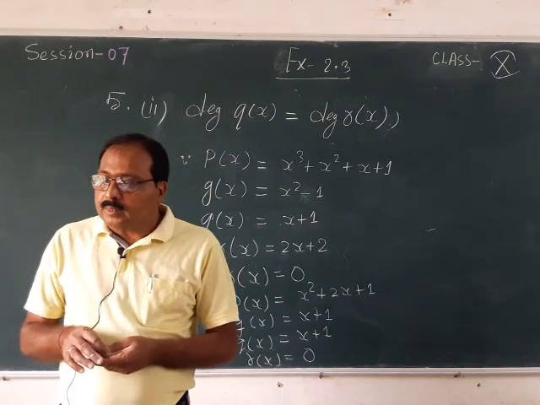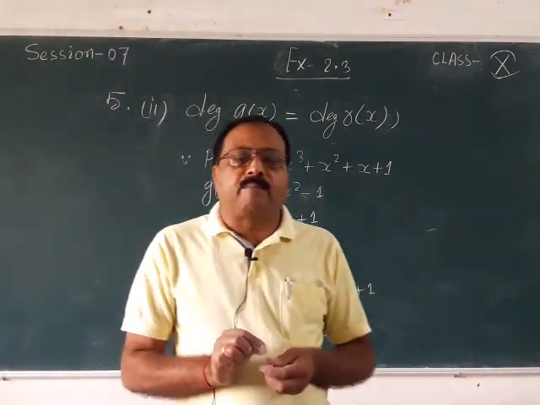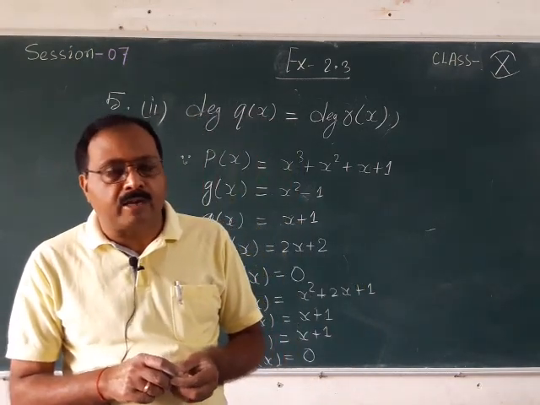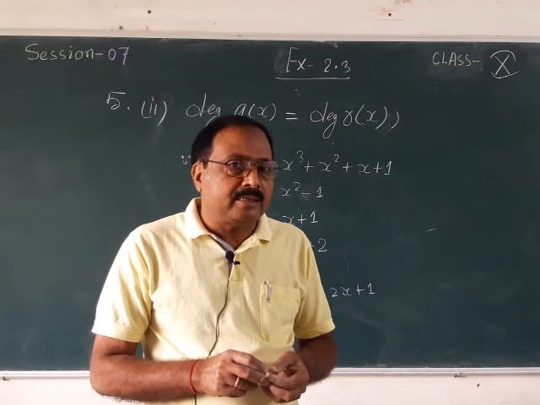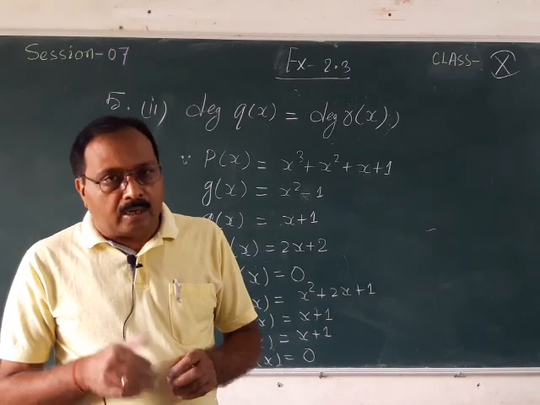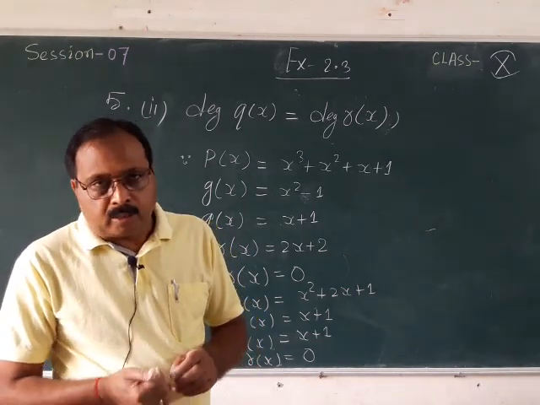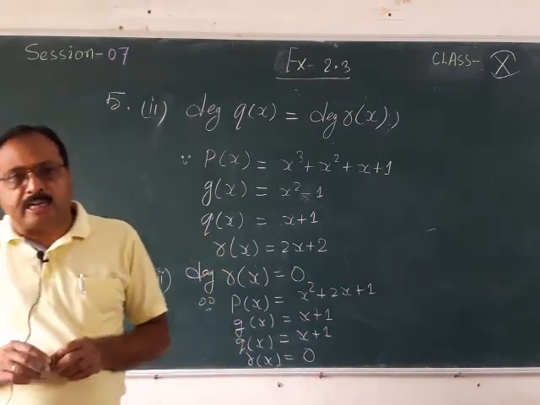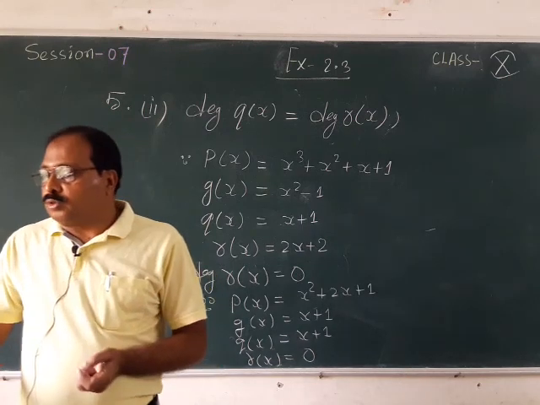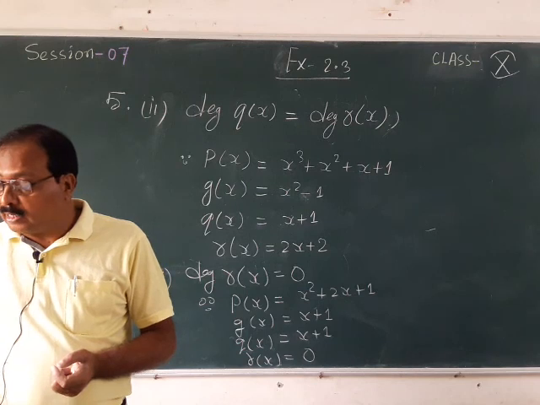Now I am suggesting all of you to do all the examples of the NCERT book, because these examples are very, very important, and by doing those examples you will be able to understand more concepts regarding the exercise. Along with that, do any reference book which you like, but do those questions by yourself only.